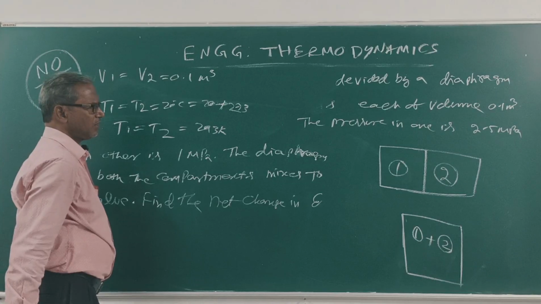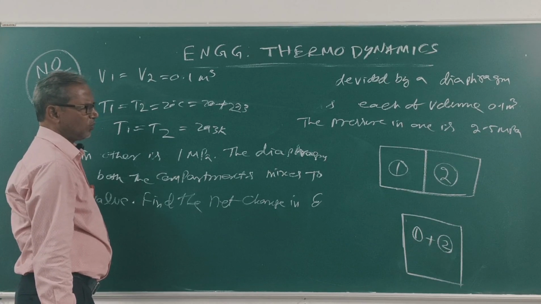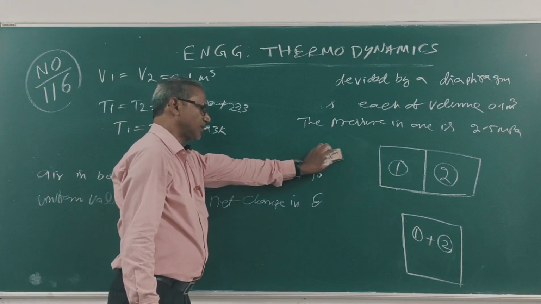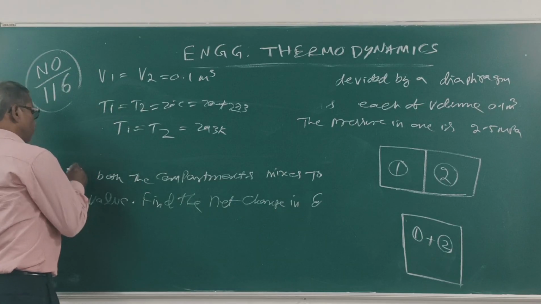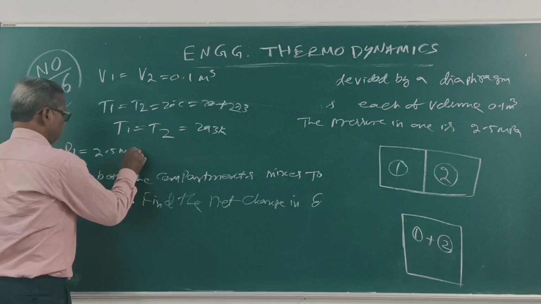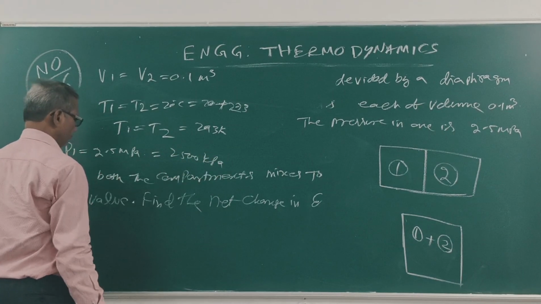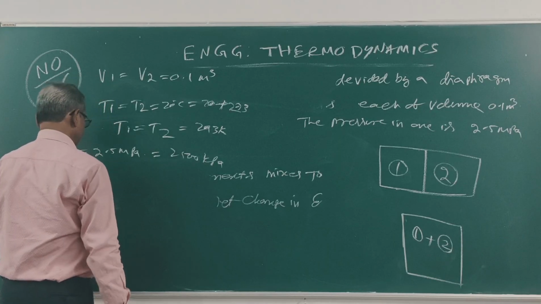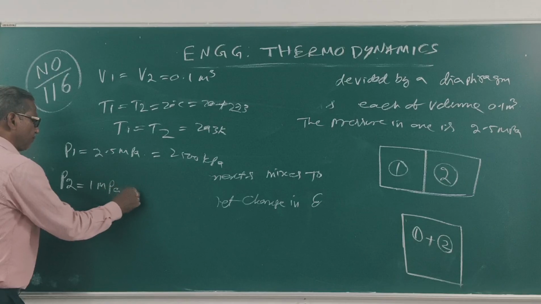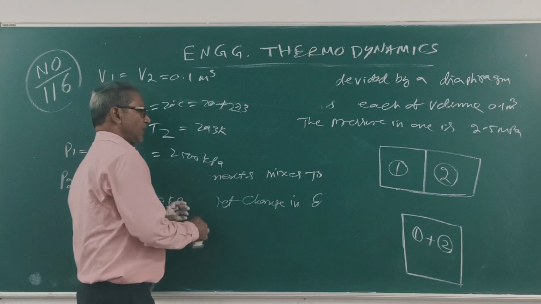The pressure in one is 2.5 megapascal, P1 is 2500 kilopascal, and P2 is 1 megapascal, means 1000 kilopascal.